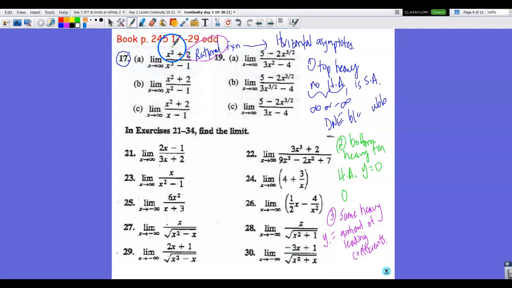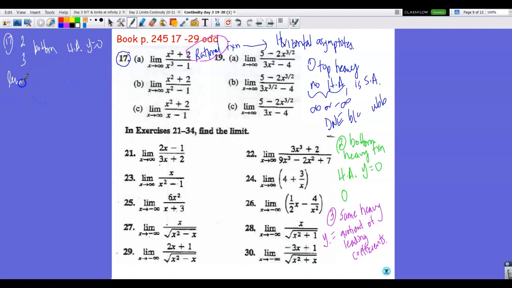So in number 17, we can see that the degree in the numerator is 2, and the degree in the denominator is 3. Because in the numerator we have x squared, and the denominator we have x cubed. So this one is a bottom-heavy. I'm just going to write down my thinking. It's a bottom-heavy rational function. Therefore, the horizontal asymptote, all of this is my thinking, is y equal to 0.